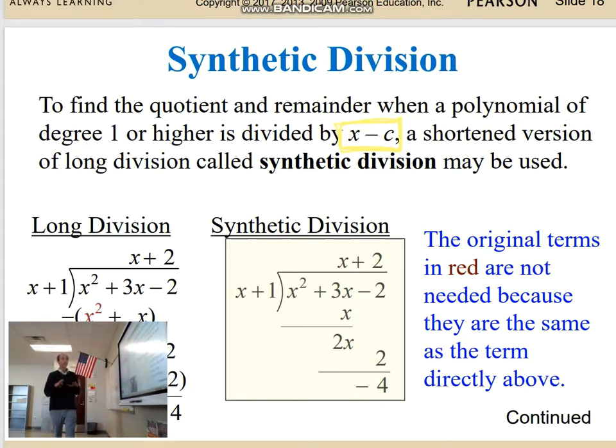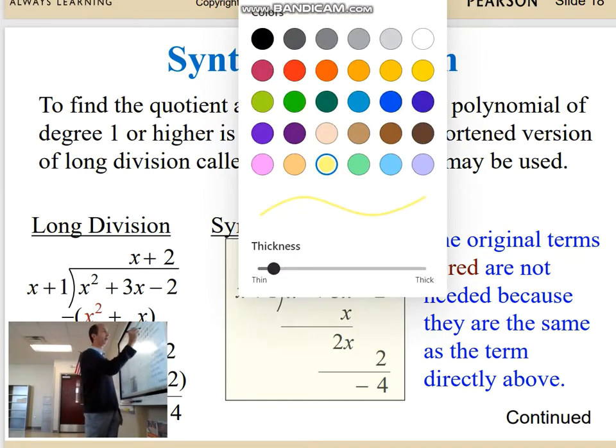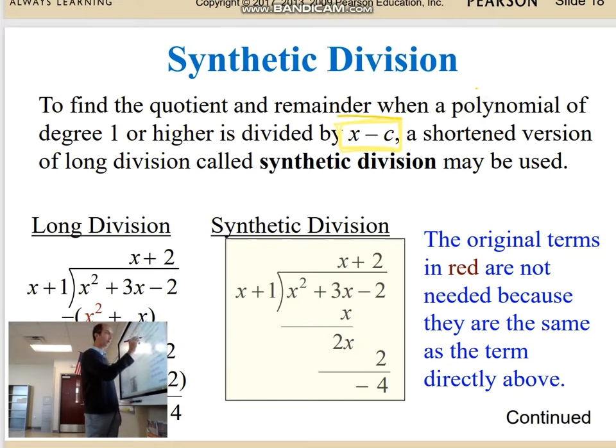There is a shortened version of long division called synthetic division. It's more of an algorithm, something simpler that you can use, but only if you are dividing by a binomial that looks like this, x minus c, okay?